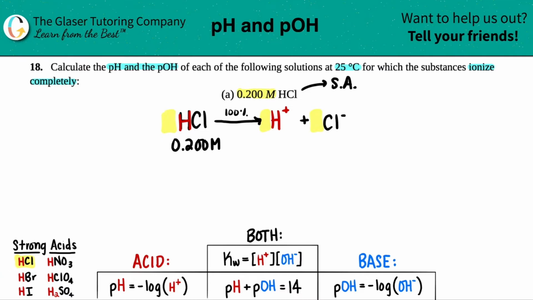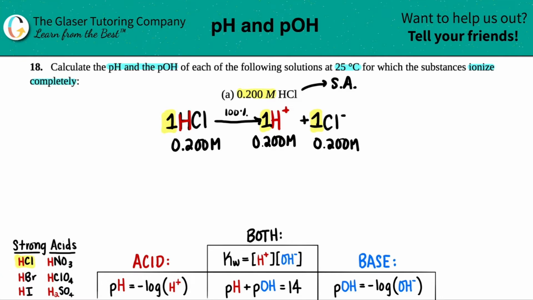But when we wrote this balanced equation, there was 1 HCl for every 1 H plus for every 1 Cl minus. So this number, if it's a 1 to 1 to 1, should be the same throughout the whole board. So I'll have 0.200 molarity here for the H plus, and I'll have 0.200 molarity here for the Cl minus.